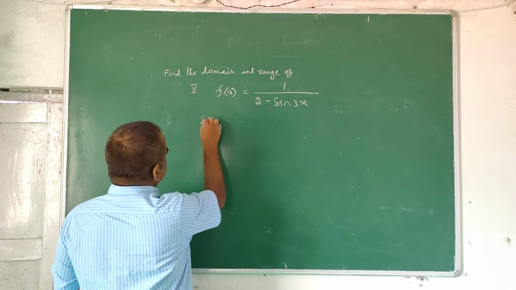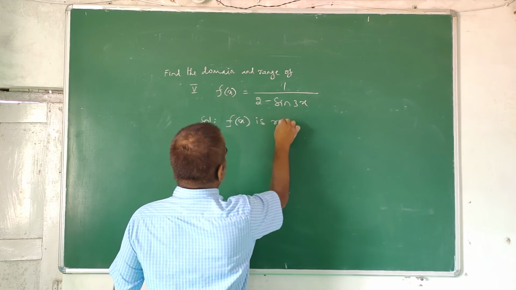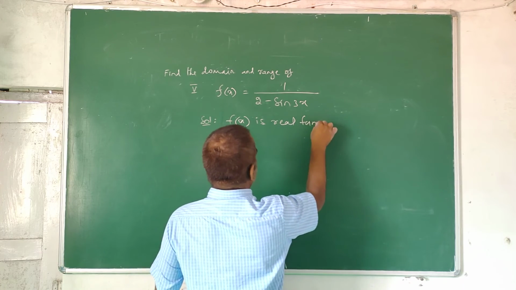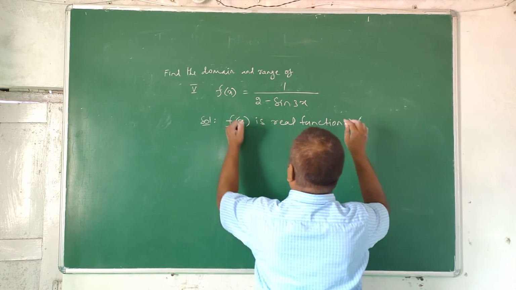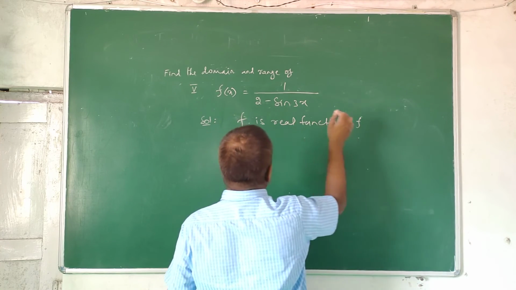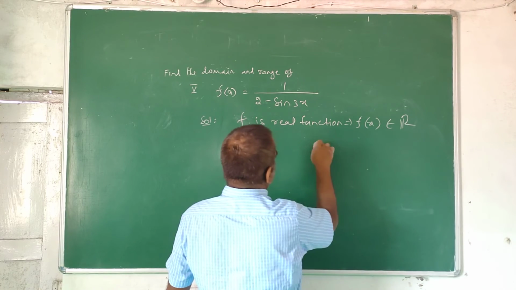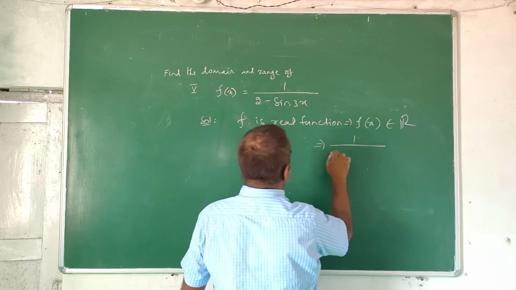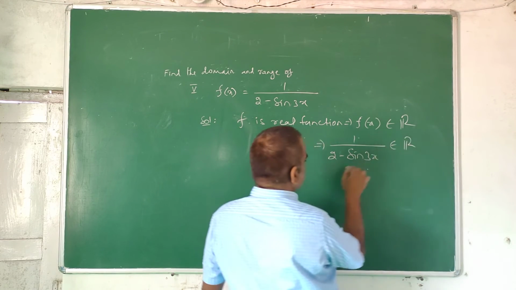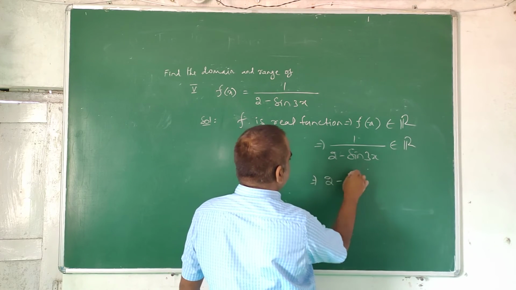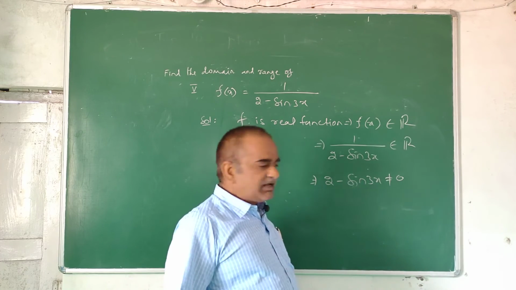Solution. f of x is a real function, which implies f of x belongs to R. This implies 1 by 2 minus sine 3x belongs to R. This implies 2 minus sine 3x should not be 0, isn't it?